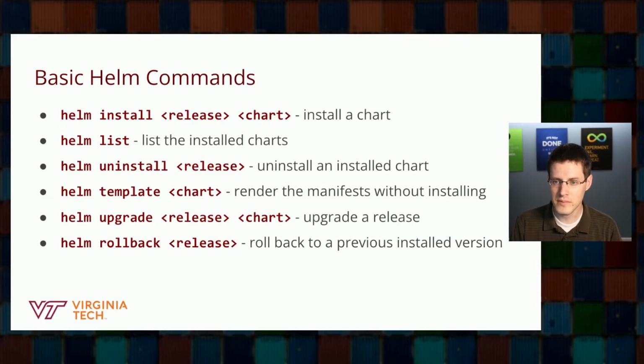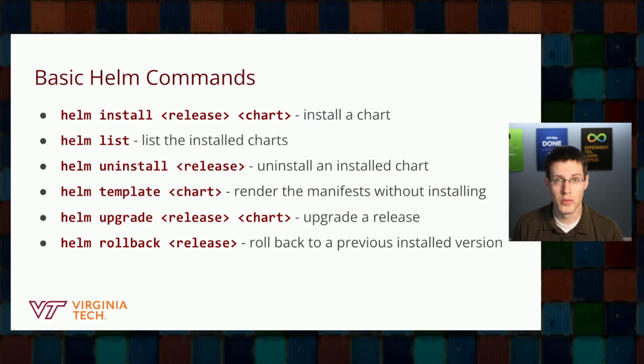So some basic Helm commands: helm install. I want to install a release, and the release is the name that I give it. And what chart is it going to use? So the package, again, is the Helm chart. Helm list will tell me all the installed charts that I have, all the releases that I have in my cluster.